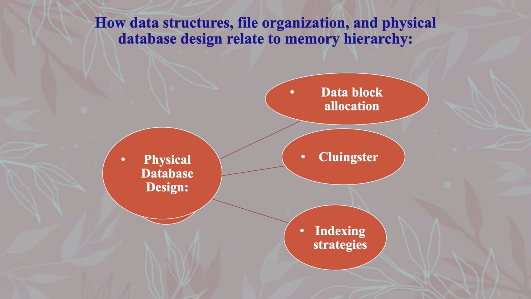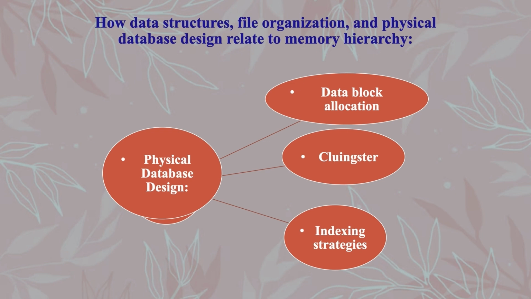So how are data structures, file organization and physical database design related to the memory hierarchy? Physical database design includes data block allocation, deciding how the data is organized into blocks on the disk to optimize access times based on the access patterns.